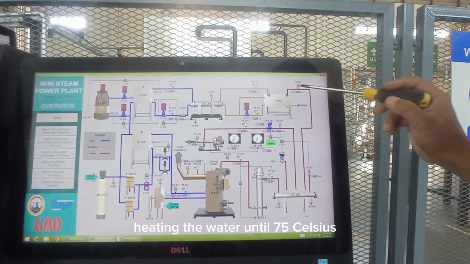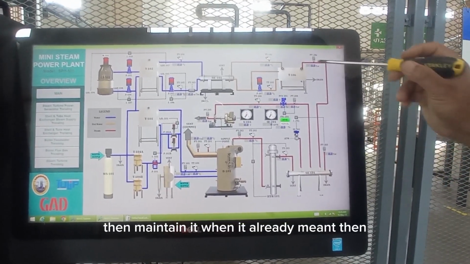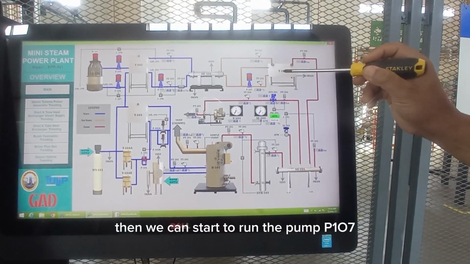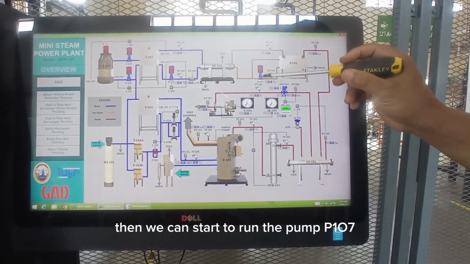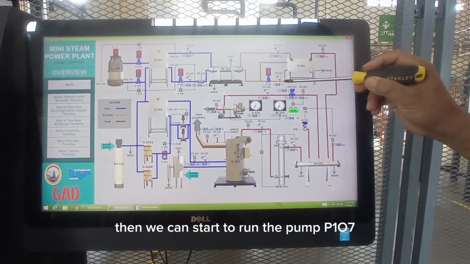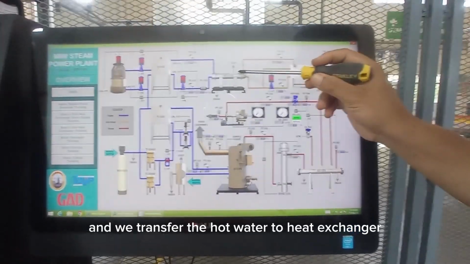Heating the water until 75 Celsius, then maintain it. When it is already maintained, we can start to run the pump P107, and we transfer the hot water to the heat exchanger.